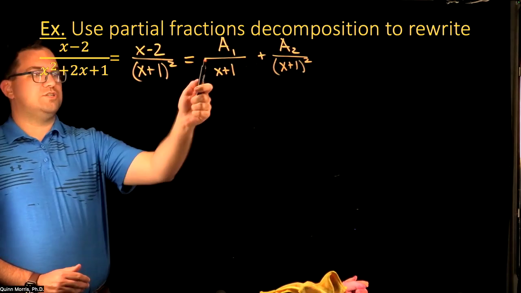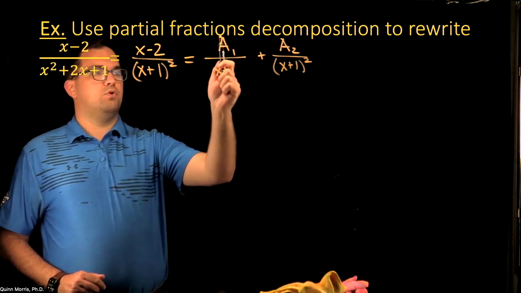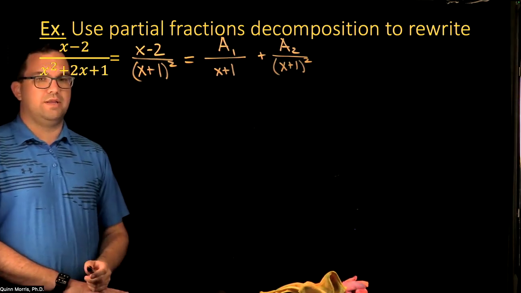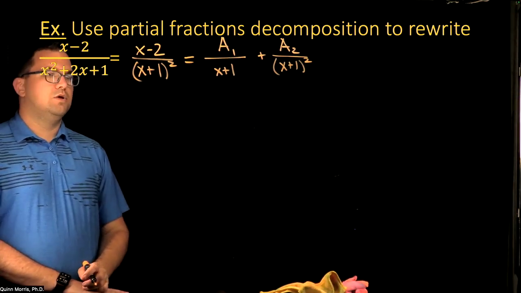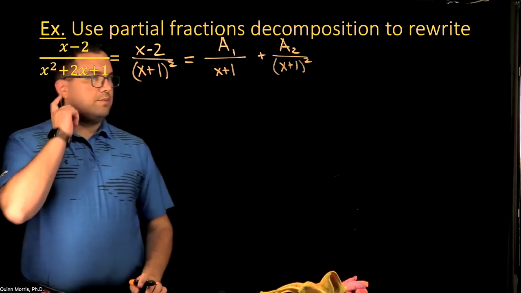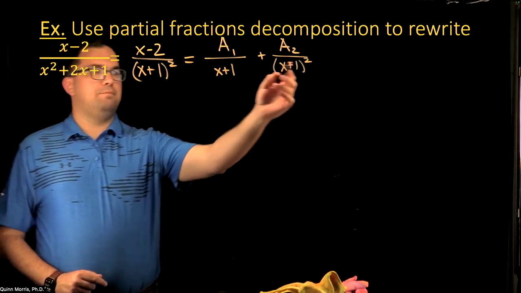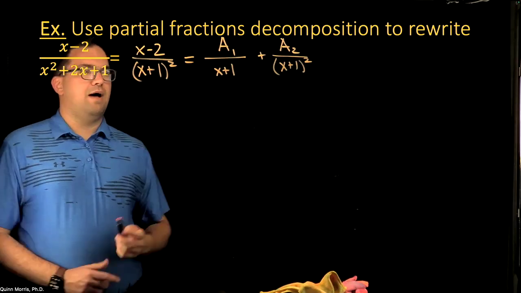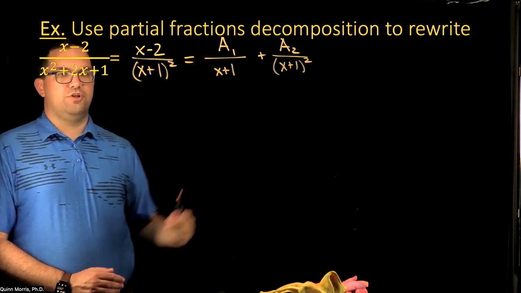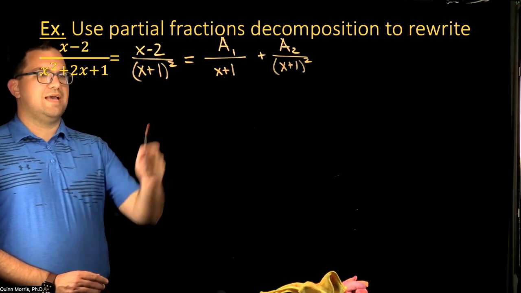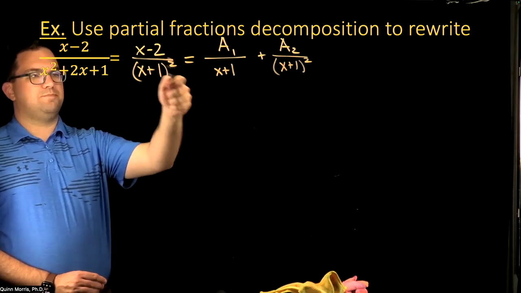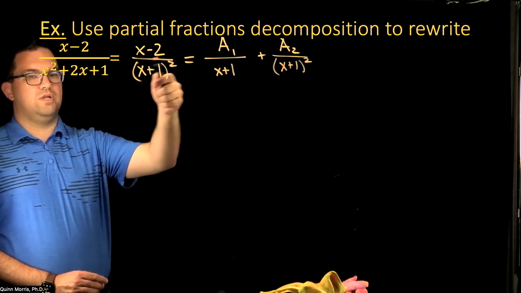All right. Now the question is, can I figure out what these numbers a1 and a2 are? In order to do that, I'm going to try and multiply both sides here by something that will clear out all the denominators. In this case, my highest power of x plus 1 is this x plus 1 squared.